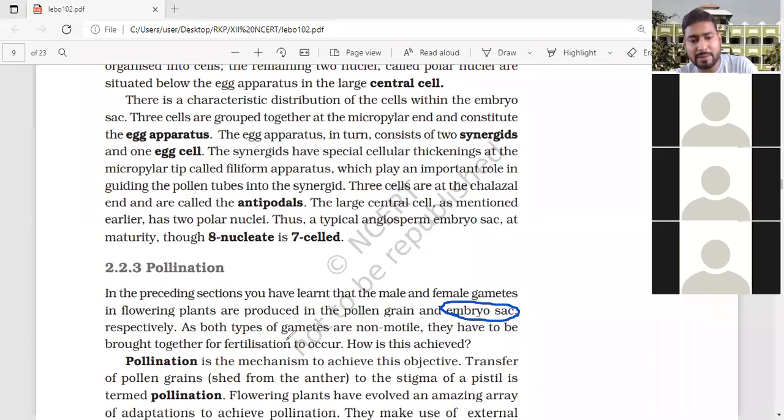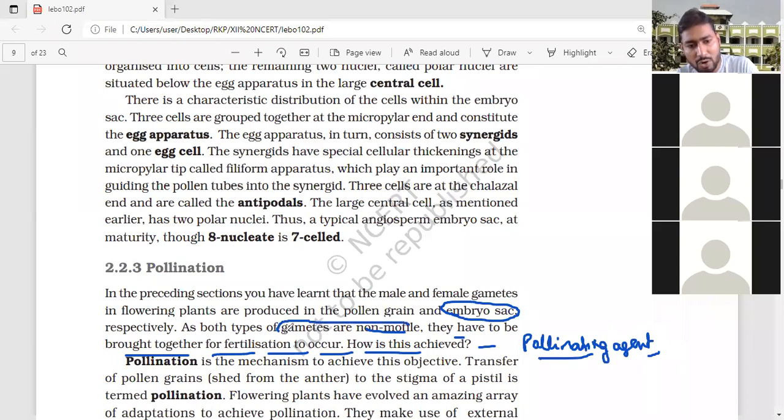As both types of gametes are non-motile, they have to be brought together for fertilization to occur. How is this achieved? Through a pollinating agent. Clear?